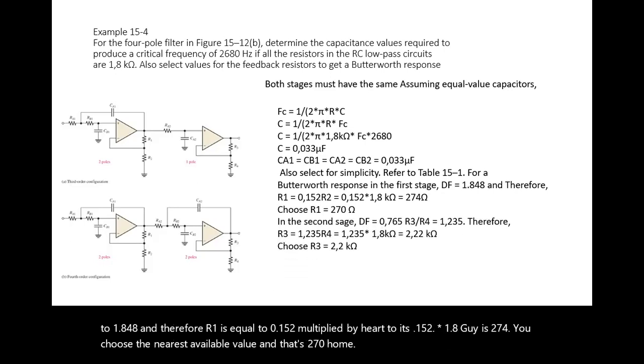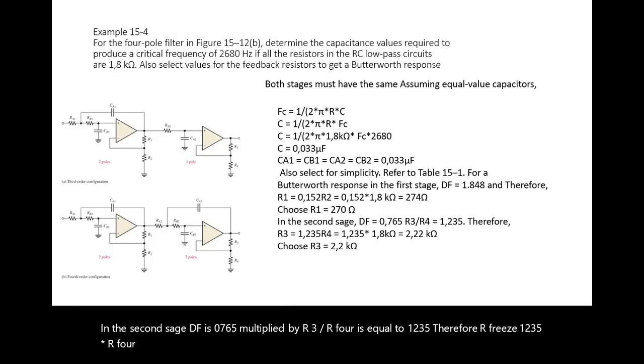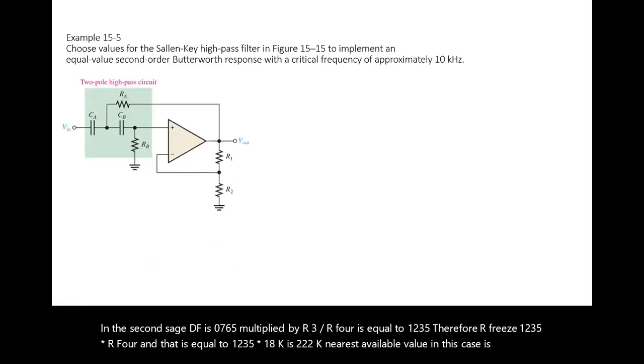In the second stage, DF is 0.765 and R3 divided by R4 is equal to 1.235. Therefore, R3 is 1.235 multiplied by R4, which is equal to 1.235 multiplied by 1.8K, which is 2.22K. The nearest available value in this case is 2.2 kilo ohm.